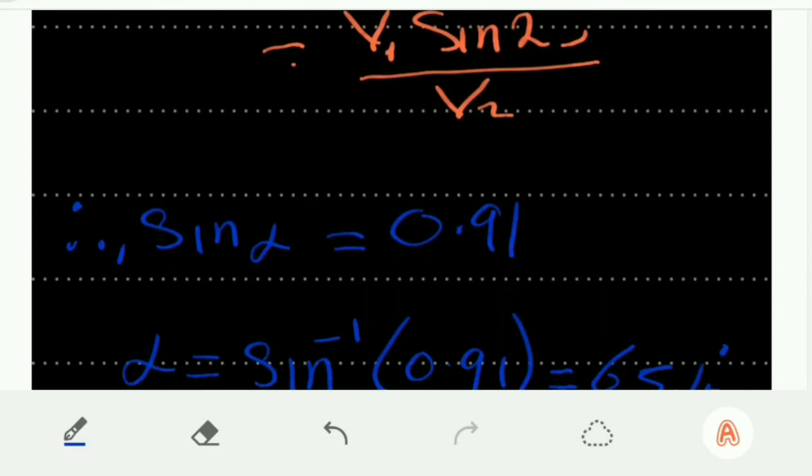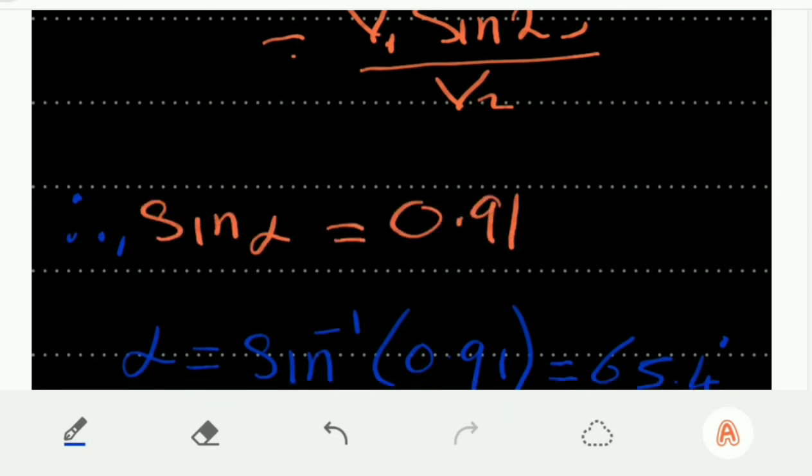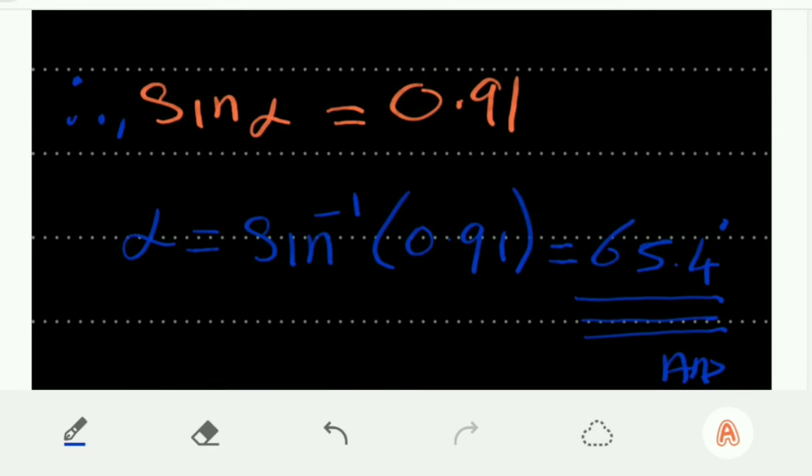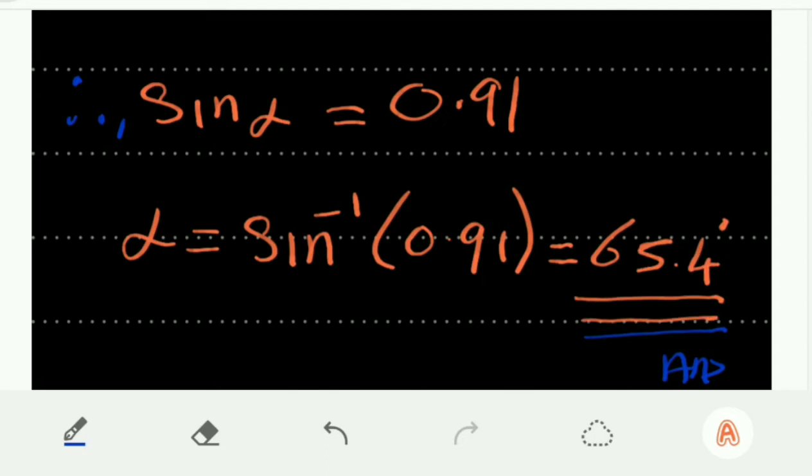Right, so then we have that sine alpha equals 0.91, and we can find alpha as the sine inverse of this 0.91, and it's going to give us 65.4 degrees. So this is the angle that the second ball makes with respect to the x-axis, or rather the original direction.